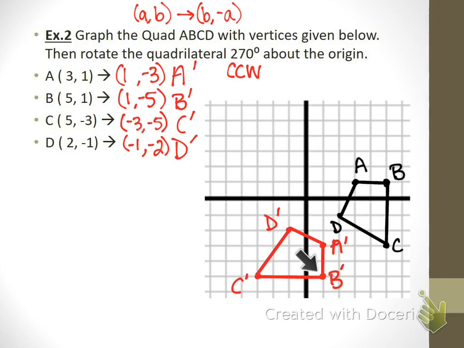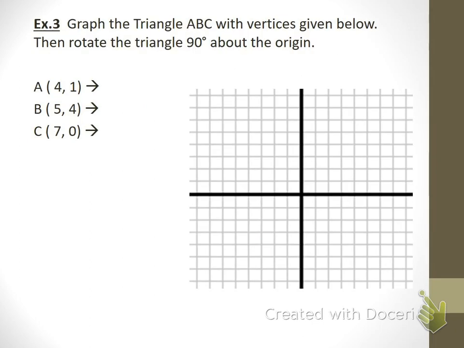Should go counterclockwise through 3 quadrants. 1, 2, 3. Questions, concerns about this? You ready for another one? Okay, your project will require you to be able to do stuff like this, so I want to make sure we understand it. Okay, we'll keep it moving then.